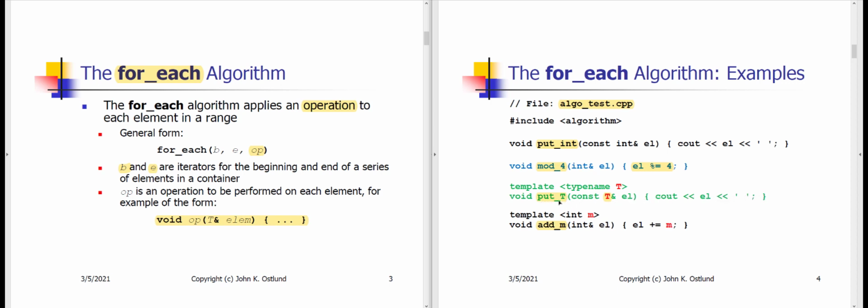So with putT, I can invoke putT by saying putT and then int in angle brackets, or char in angle brackets, or double in angle brackets, depending on what type of thing is contained within, let's say, the vector whose elements I'm interested in displaying.